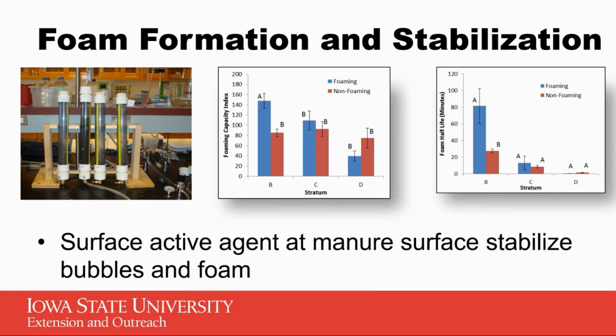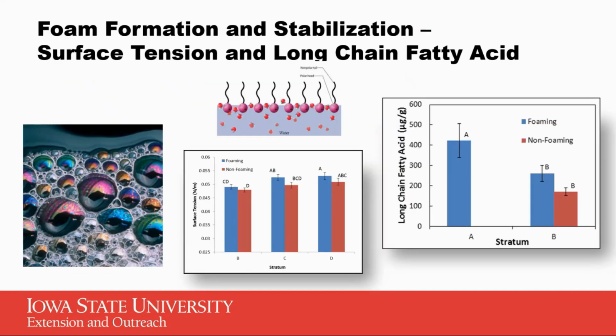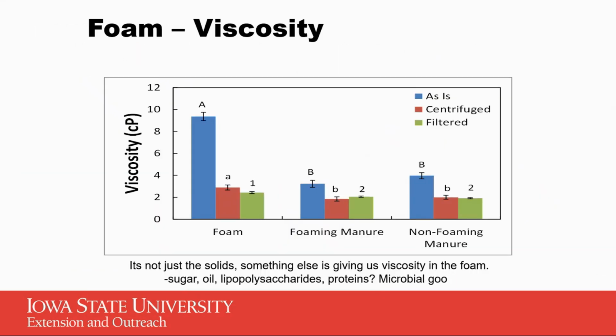So these next couple of slides go over a little more of the long chain fatty acids, the structure of that foam, and the viscosity. One thing I'll point out is looking at the foam from the manure versus just the manure from a foaming pit versus non-foaming manure. You can see that the foam itself, as is, has a much higher viscosity than everything else.